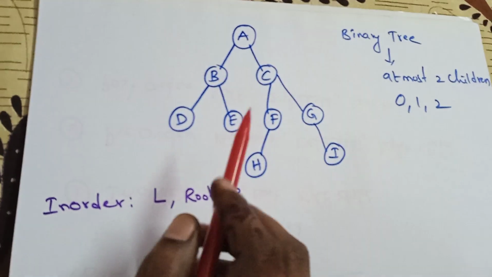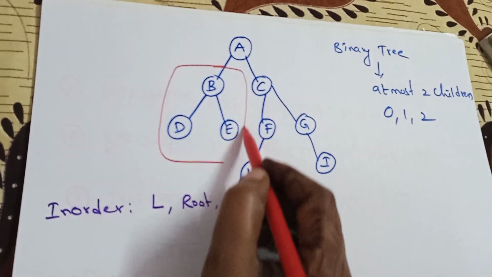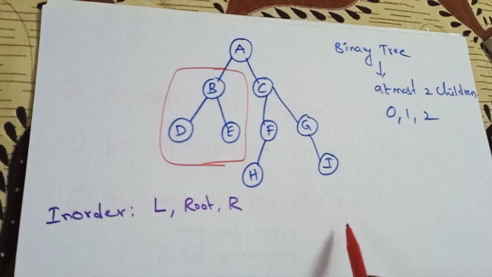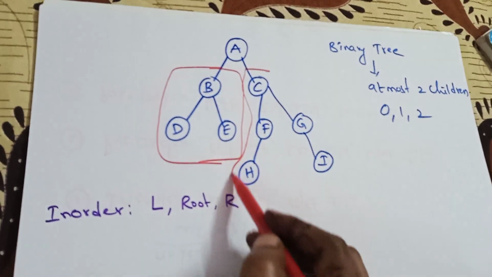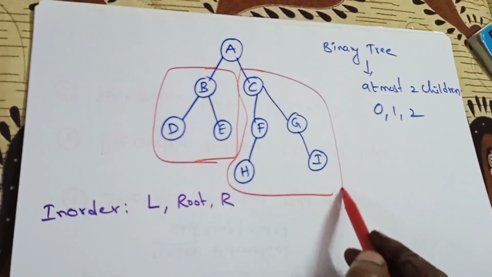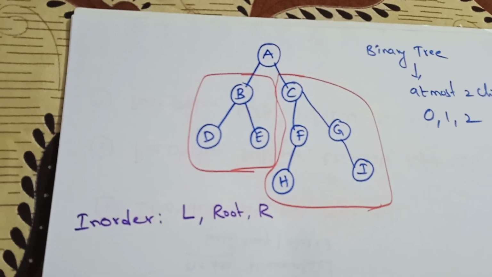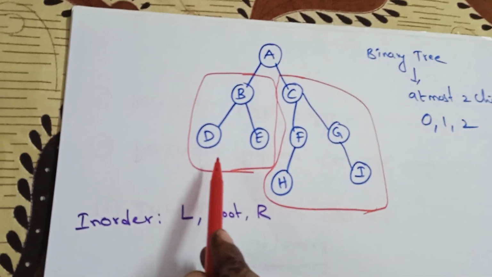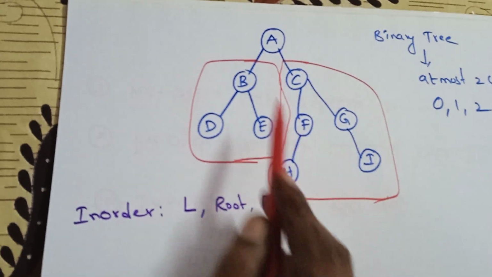Now, this part is the left subtree, the left child of A. And this part is the right child of A.